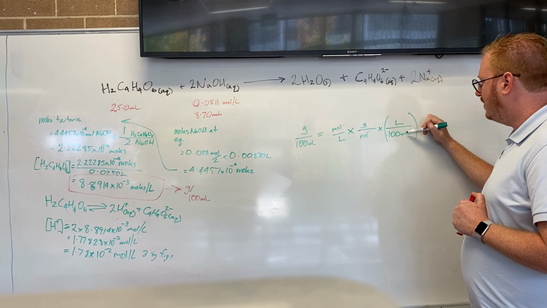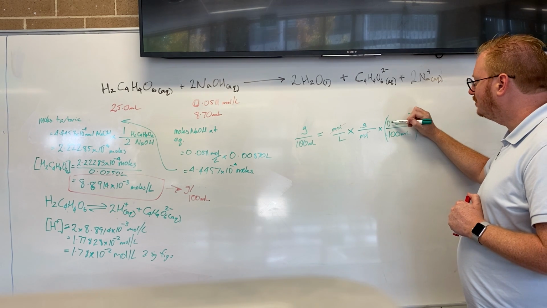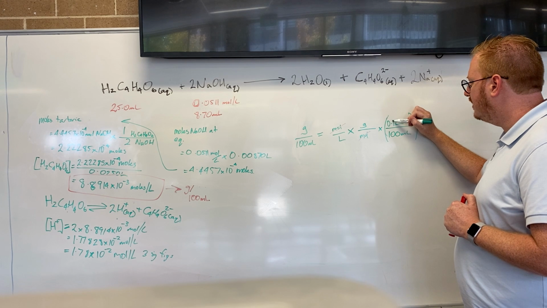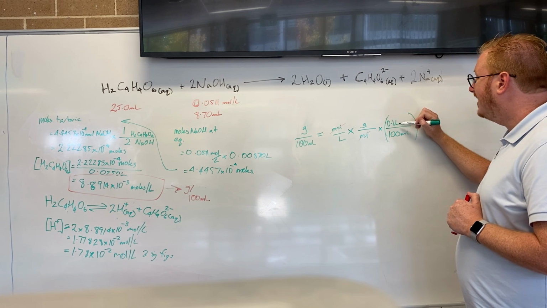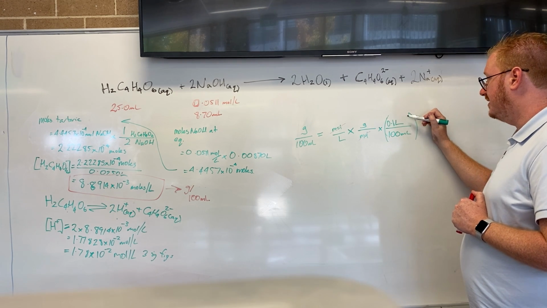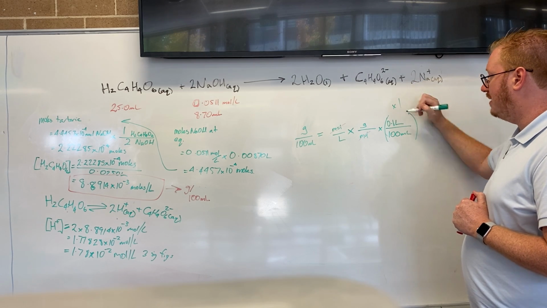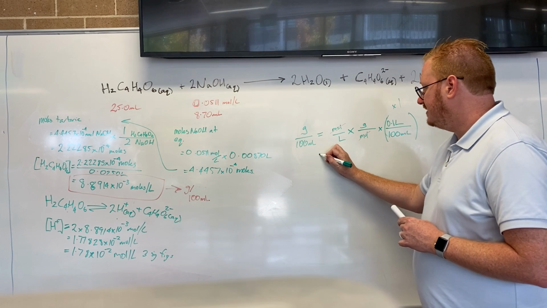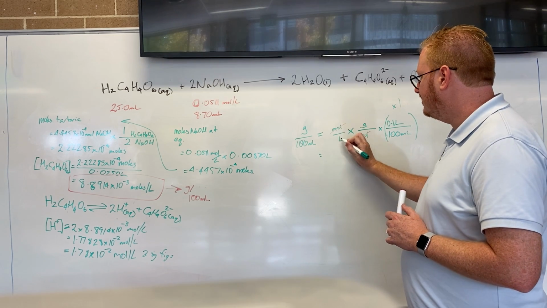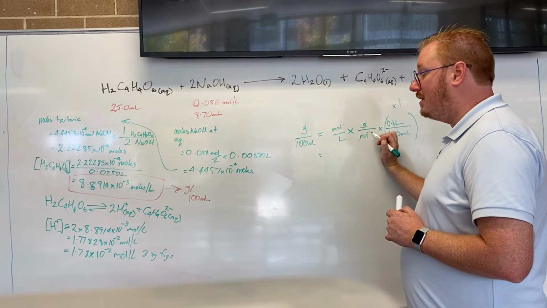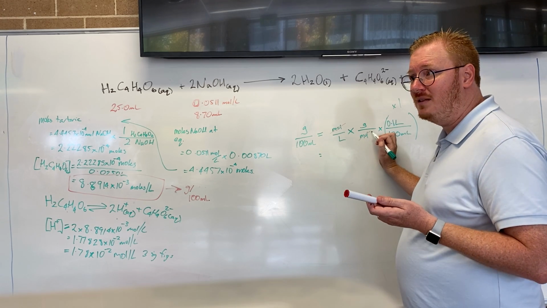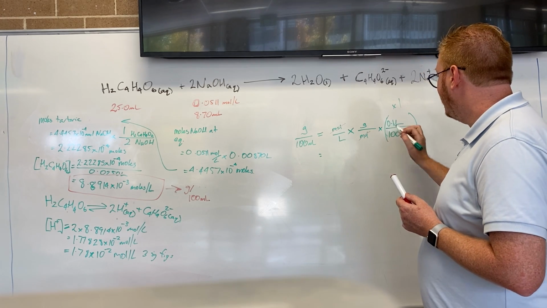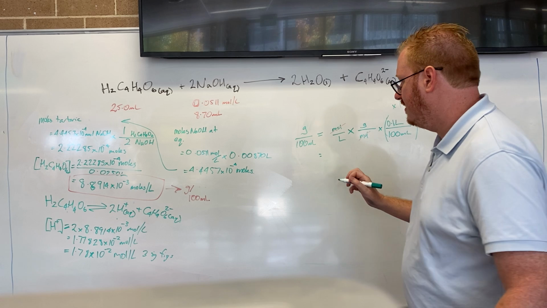How many litres per 100 mil is 0.1. I've got to put a number in there so it equals 1. 0.1 litres equals 100 mil. So essentially this is just like saying multiply by 1, but it's telling me a path that I need to do. It's saying, take the concentration in moles per litre, multiply it by grams per mole, or the molar mass, and then multiply it by 0.1.